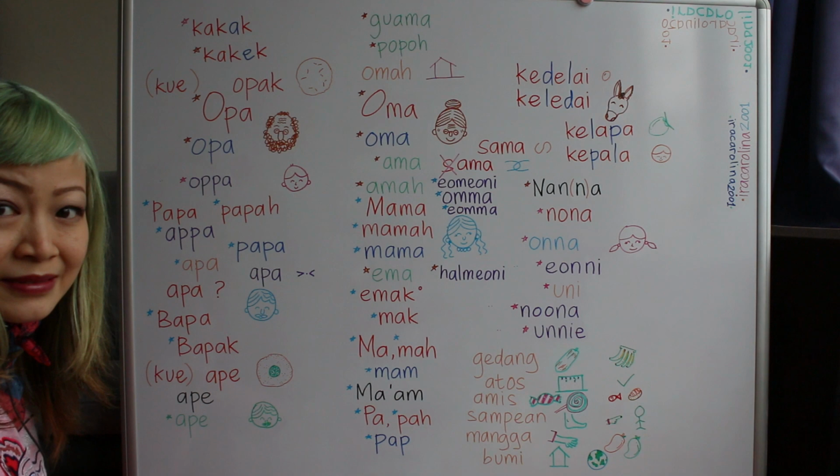But for mother, eomyoni, oma or eoma. We can see here oma for mother in Korea, but in Indonesian language and in Dutch for grandmother.